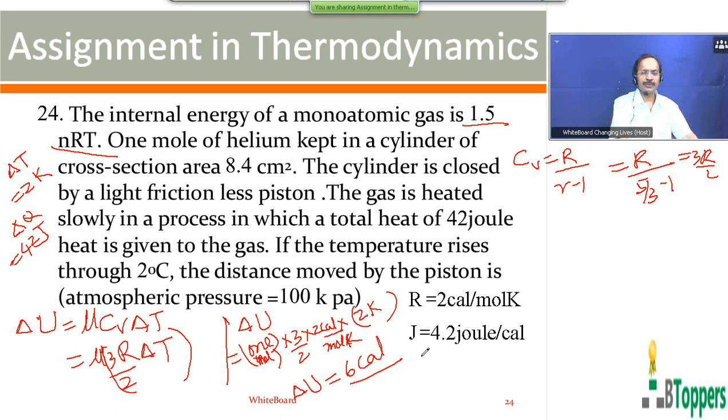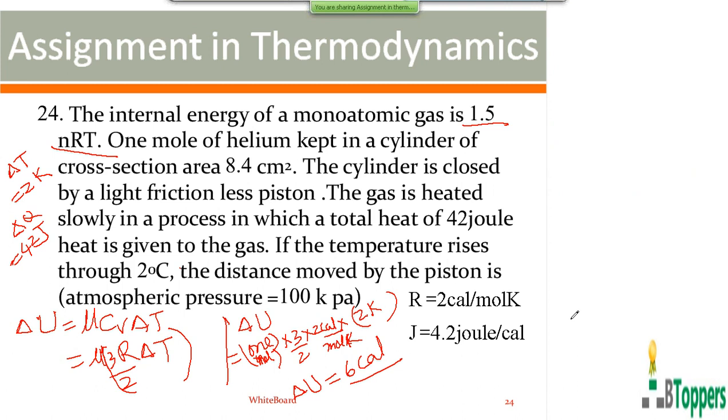From the first law of thermodynamics, you can write delta Q equal to delta U plus delta W, or simply W. So the work done by the gas in the process, delta W, is delta Q minus delta U. Delta Q is 42 joules and delta U is 6 calories.